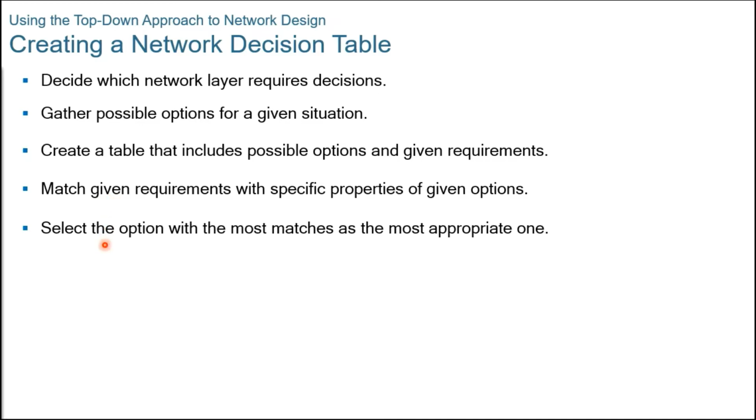Select the most appropriate option, the option with the most matches. If all requirements are treated equally. However, if some requirements are considered more important than others, implement a weighing system, such that each of the requirements is assigned a weight that is proportional to its importance in the decision-making process.